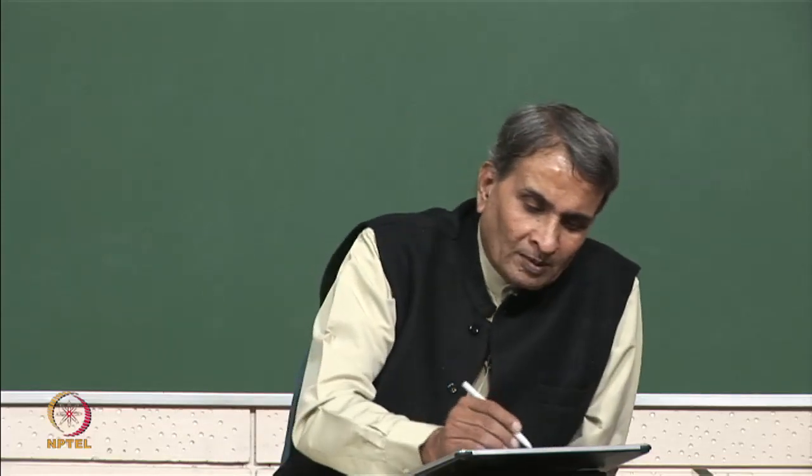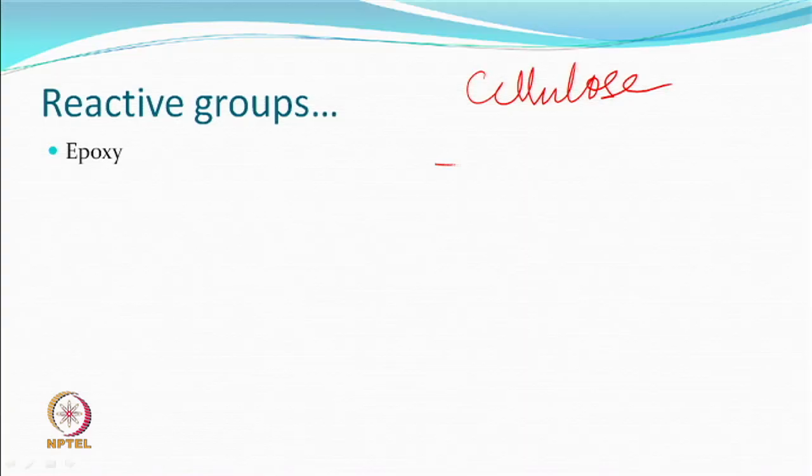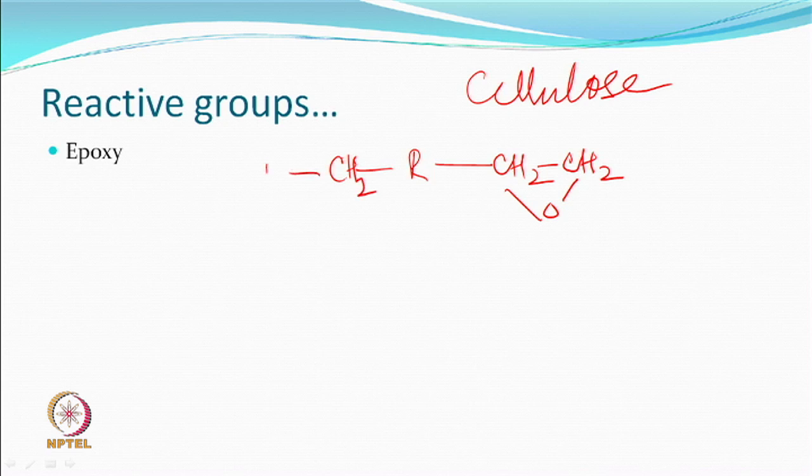Some of these epoxies may look like this. So, you may have R, and you can have another epoxy. So, it's a 3-membered ring, you know.